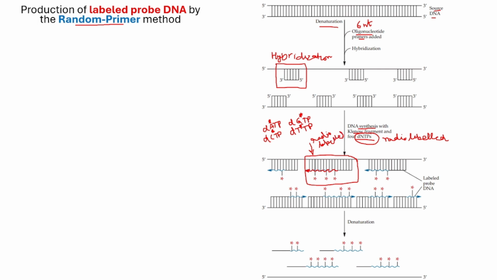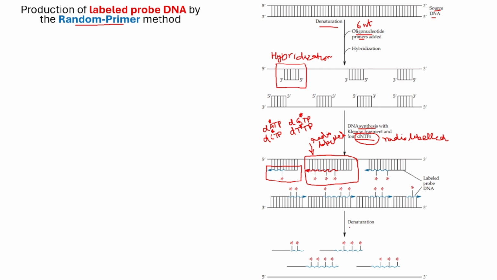Now we are synthesizing a probe, and a probe is generally single stranded, so we don't need it double stranded. We want to just excise this portion, which has the radiolabeled portion within it. The other portion does not have any radiolabeled nucleotide, so that is not our concern. If we can somehow extract and excise this portion, then our purpose is done.